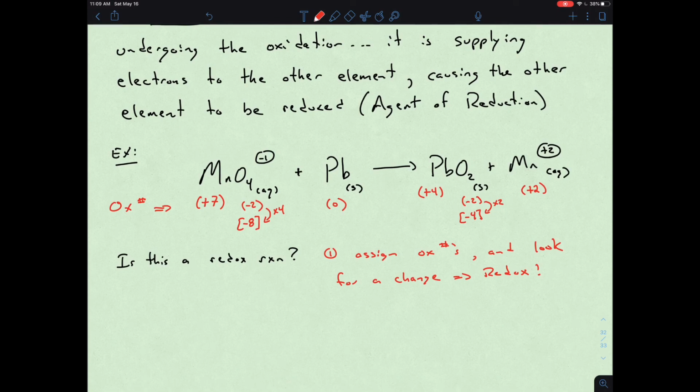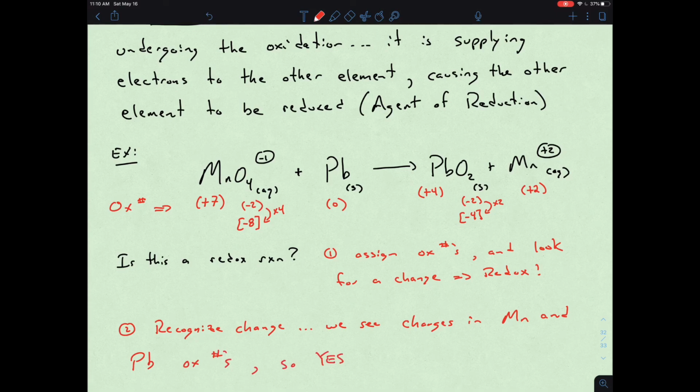And so now, it's that idea of recognizing change. We see changes in manganese and lead oxidation numbers. So yes, right, this is a redox reaction.